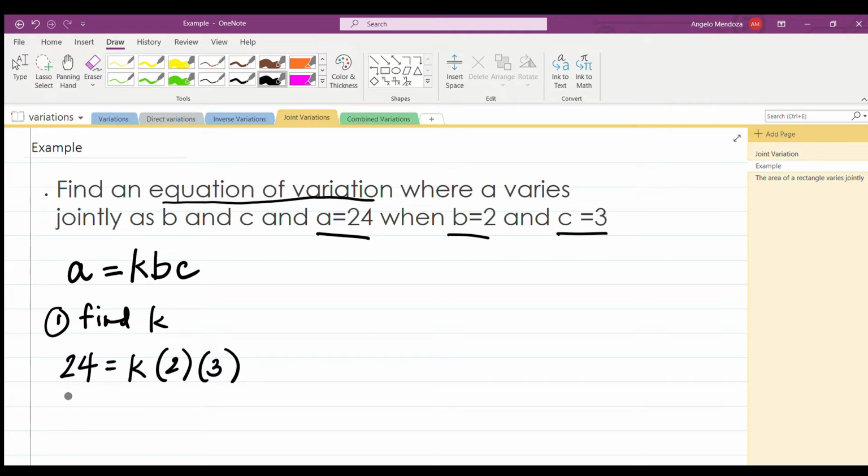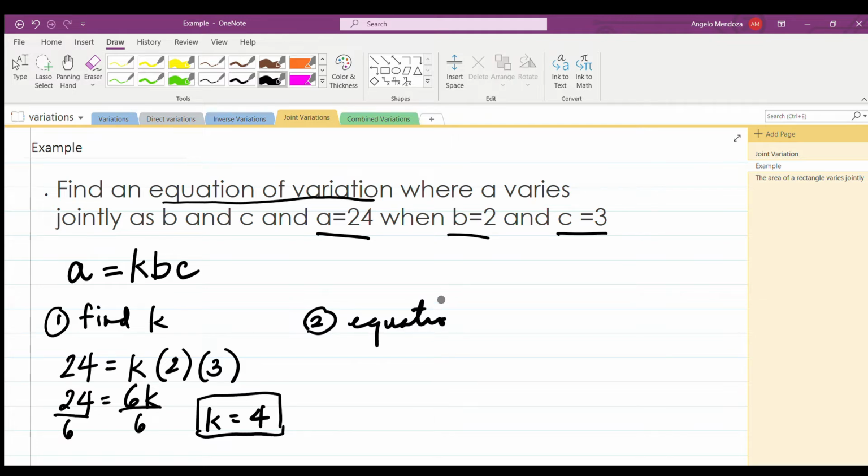So we have 24 is equal to k times 2 times 3, so that will be 6k, and then divide both sides by 6. So k is equal to 4. Our constant here will be 4, so our equation will be a is equal to 4bc.